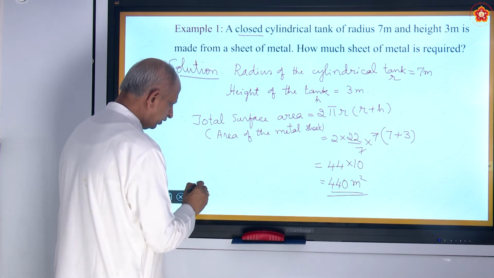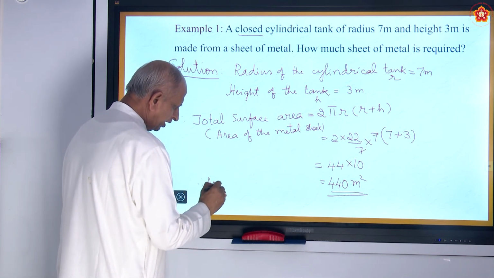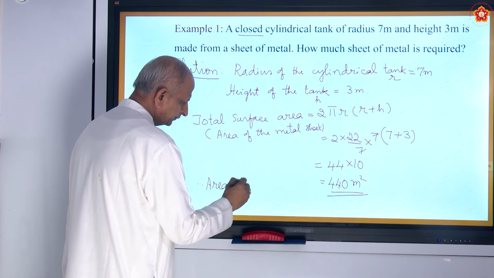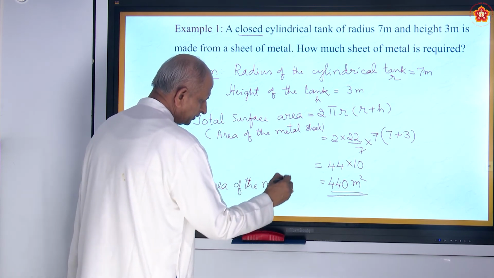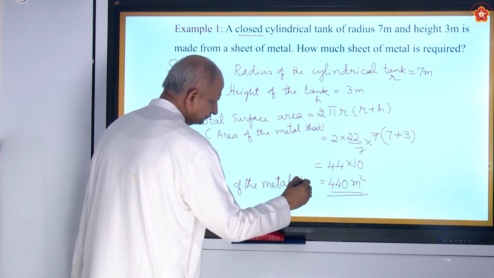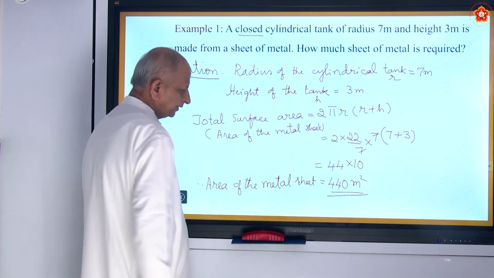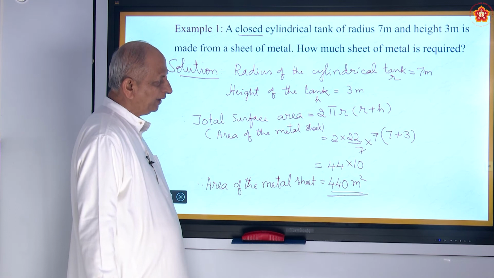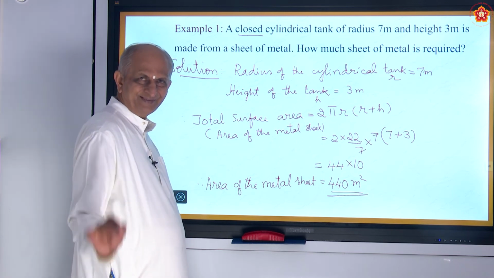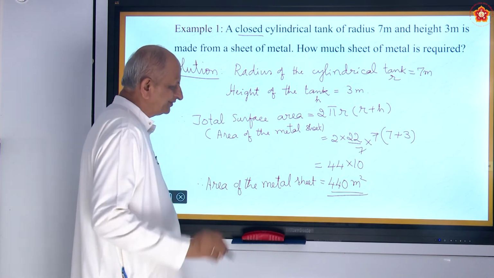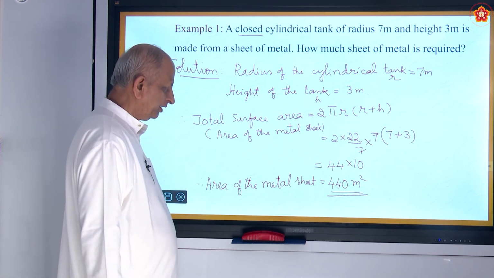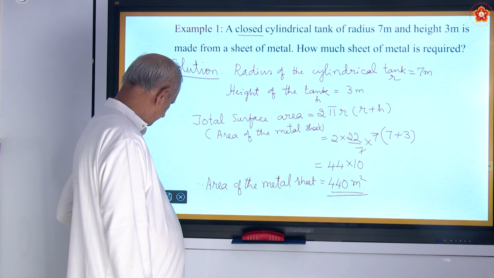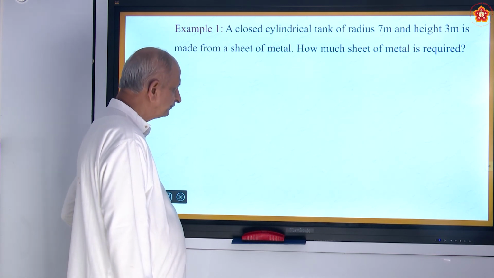So therefore the area of the metal sheet is equal to 440 square meters. Got it? That is the answer for this question. Noted down? Okay, we will have one more problem.